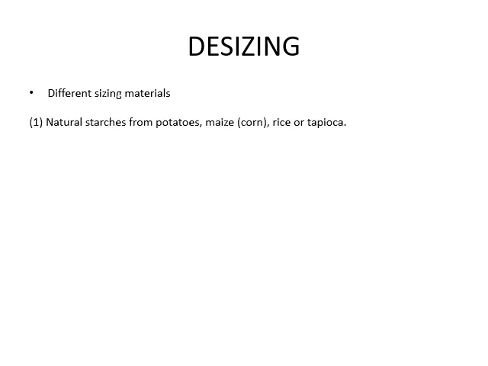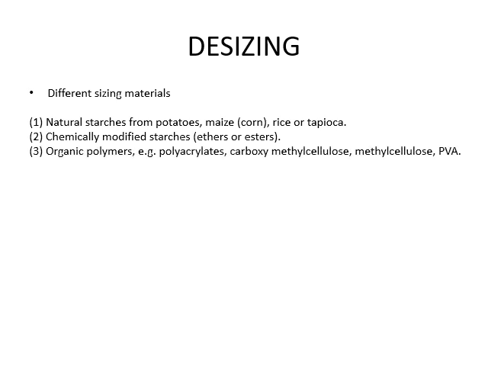Four types of thickeners are used, in which the first is natural starches from potatoes, maize starch, sago or tapioca. The second type of thickeners are chemically modified starches. The third one is organic polymers, for example polyacrylates, carboxymethyl cellulose, methyl cellulose, polyvinyl alcohol.